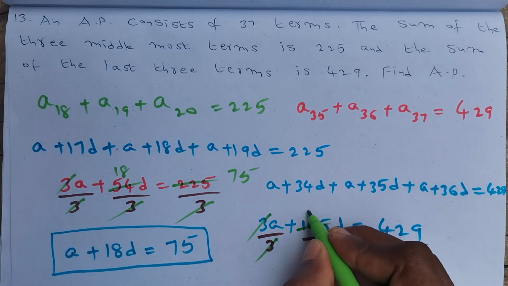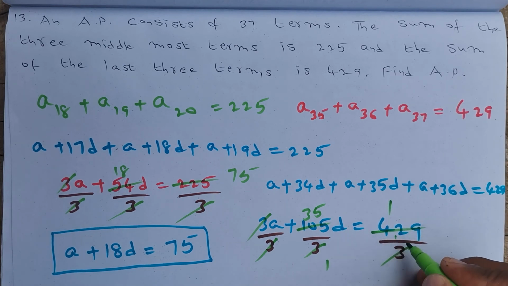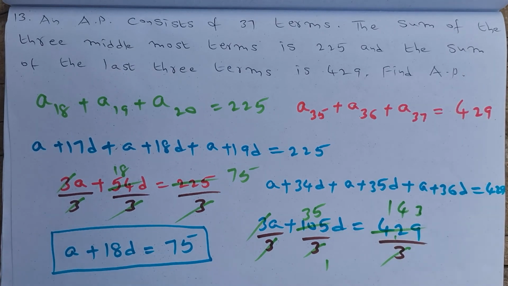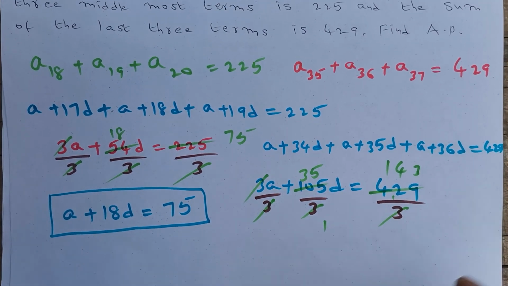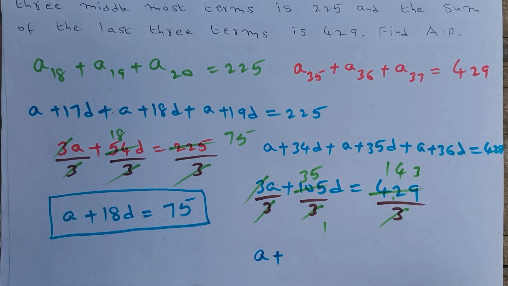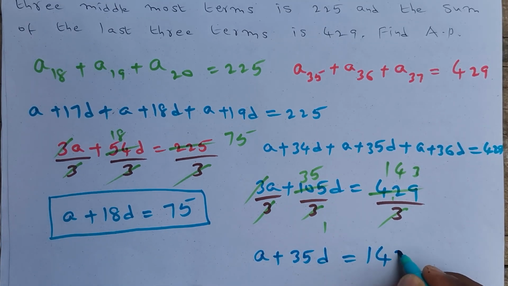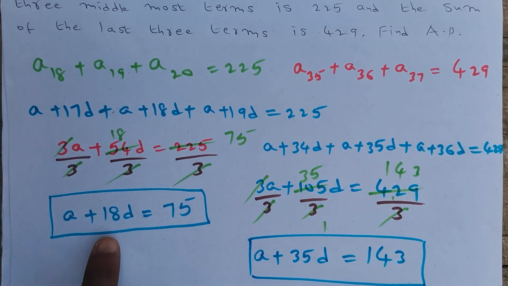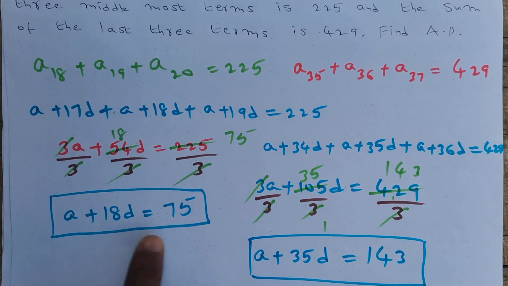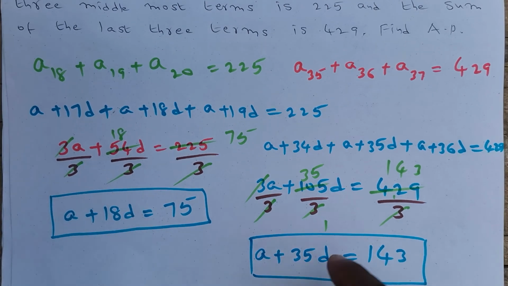We will get A plus 35D equals to 143. This is equation number 2. First equation we have is A plus 18D is equals to 75, and the second equation we have is A plus 35D is equals to 143. Now we need to solve these two equations.